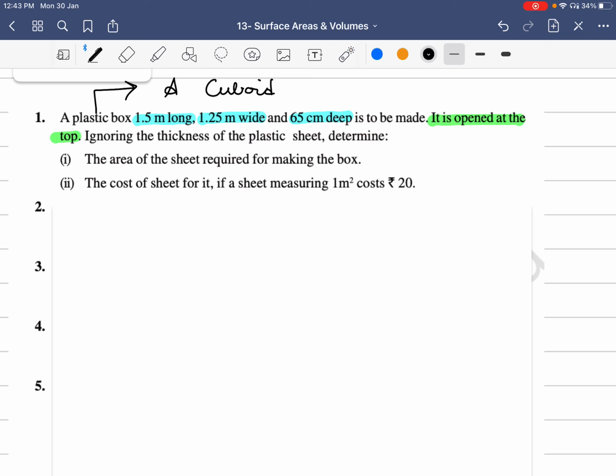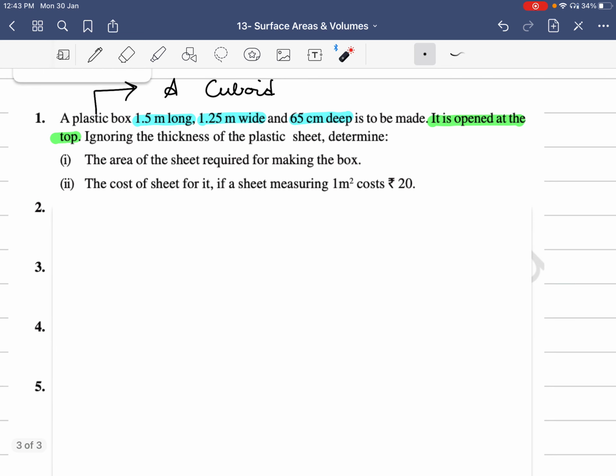The base is rectangular, and it will have 3 dimensions. Every cuboid has 3 dimensions. What are those 3 dimensions? In fact, let me note it down. The 3 dimensions are length, and breadth, and height. So these are the 3 dimensions that a cuboid has.